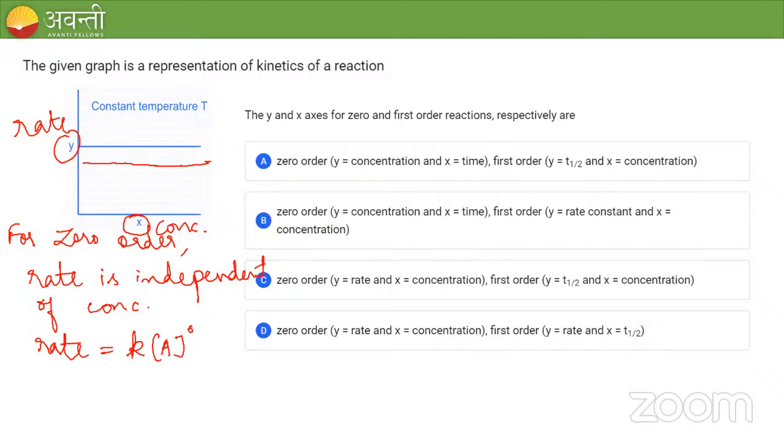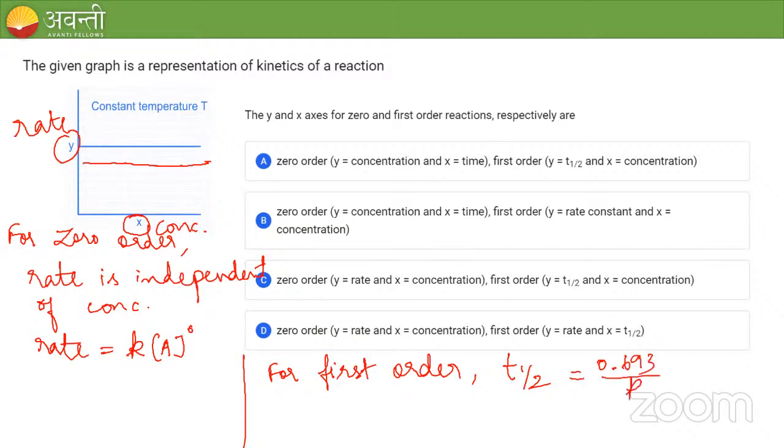For first order, half-life, T half, is independent of concentration, right? That is what we have studied. For first order reaction, T half is equal to 0.693 divided by K. Here we don't have a concentration term, so T half is independent of the concentration.